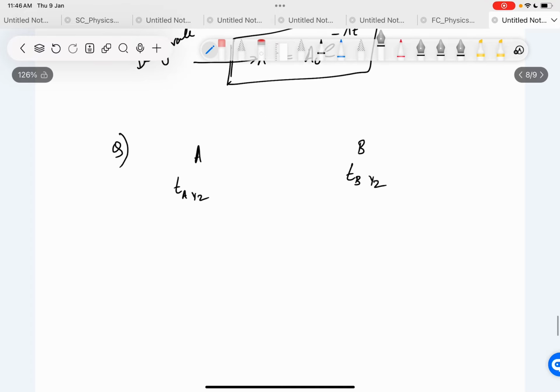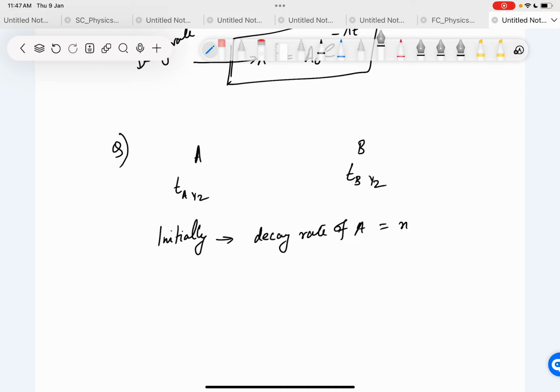And let's say that initially the decay rate of A is n times that of B.